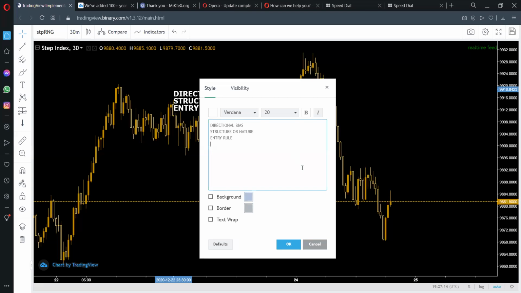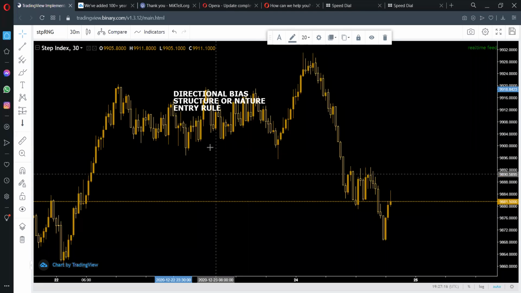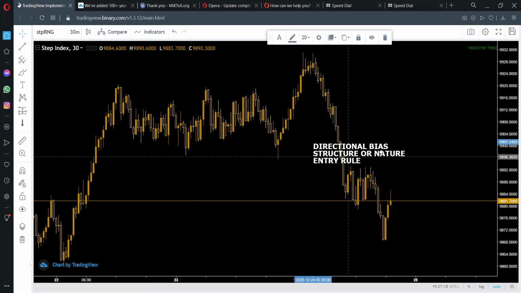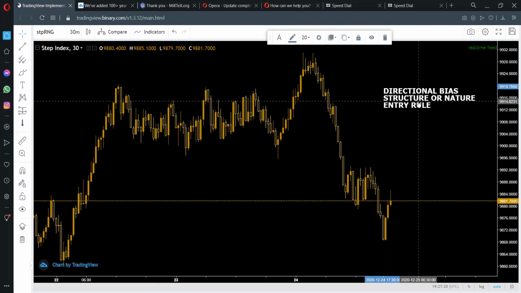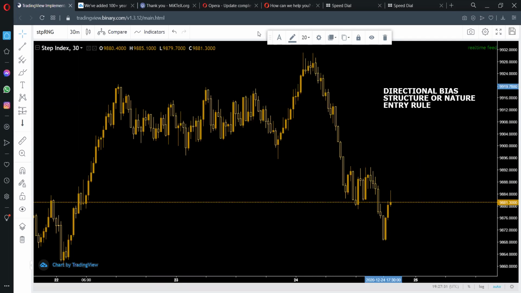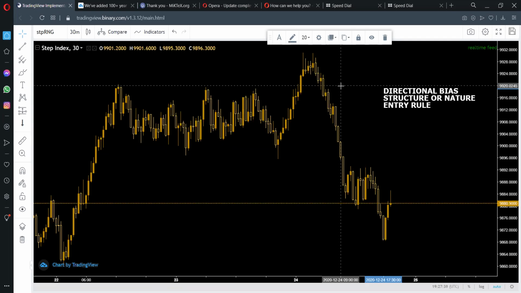So these are three things that you need to ask yourself, you need to know before starting placing a trade. You must first identify the directional bias, and then the structure or nature, then the entry rule. You need to have all these things before starting placing the trade.